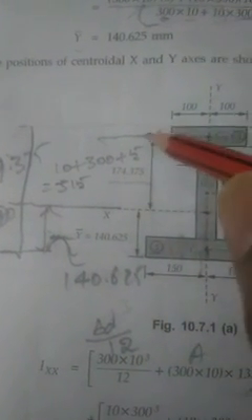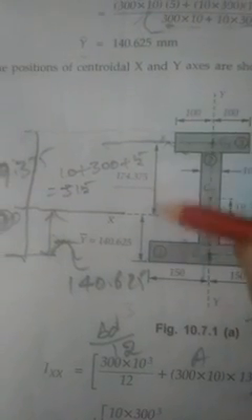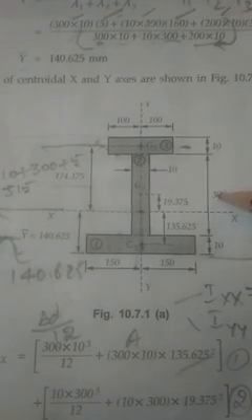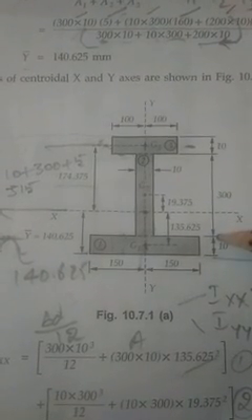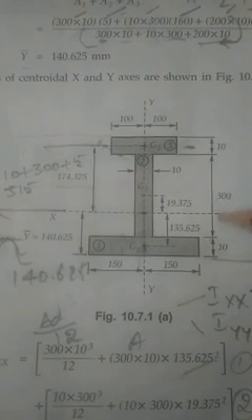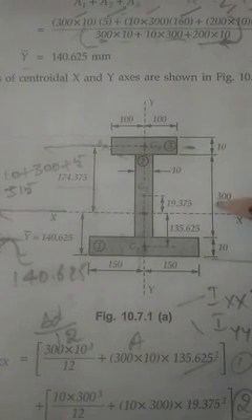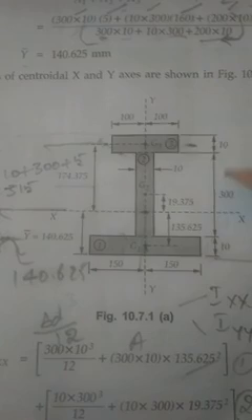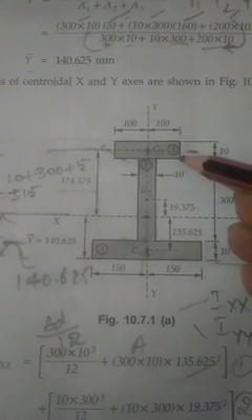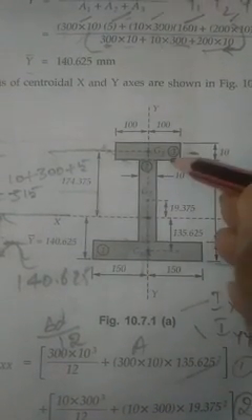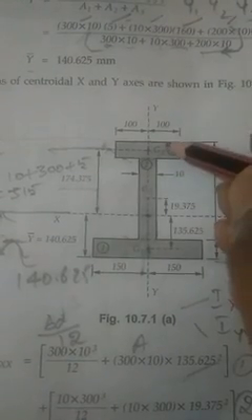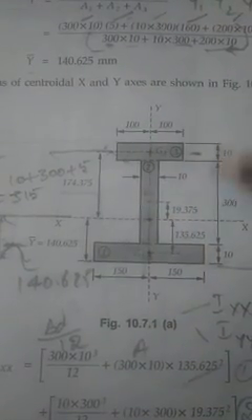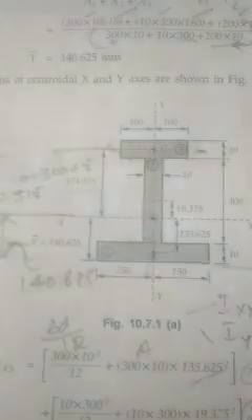See here, the total depth from here to here is 320. Can you see, this is 320. Leave this 10, so till here it is 310, here it is 320. If you minus 5, it will be 315.